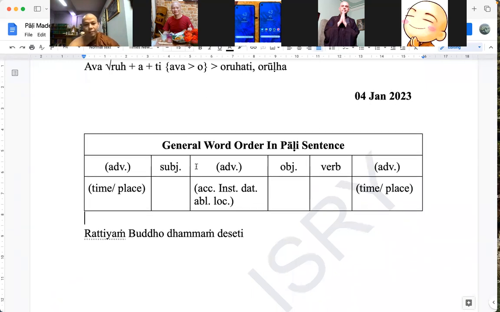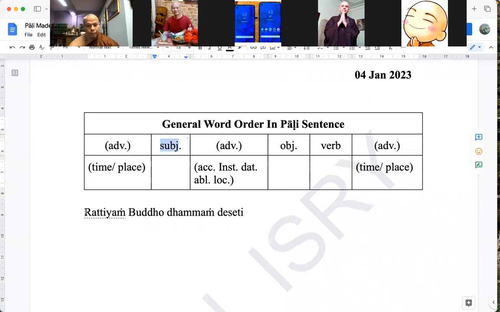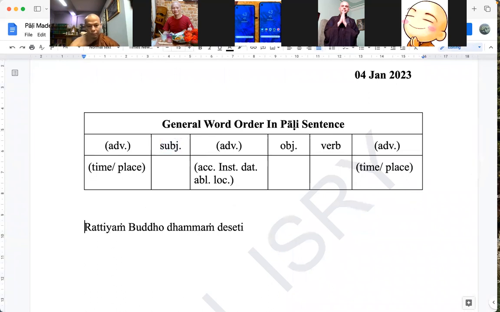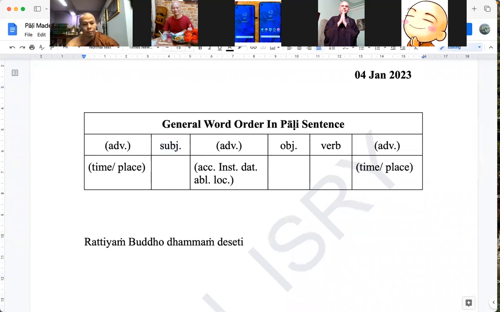Okay, again, in a Pali sentence, generally, what order is it in? Subject, and then object, and then verb. In this way.